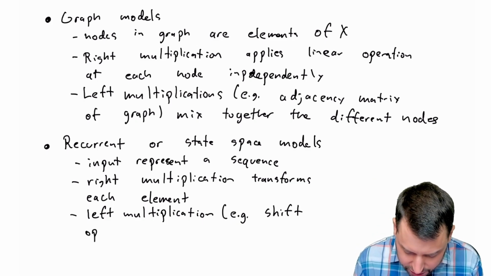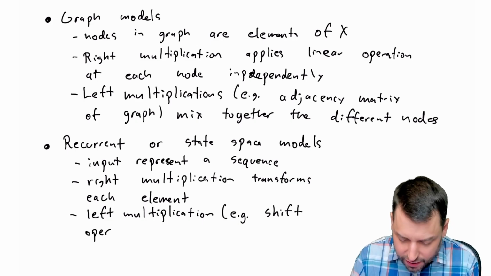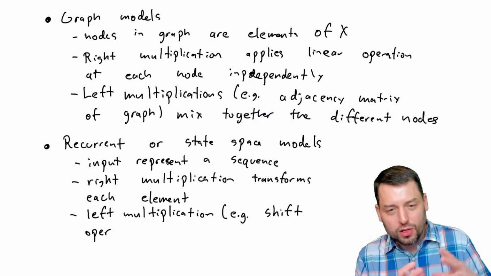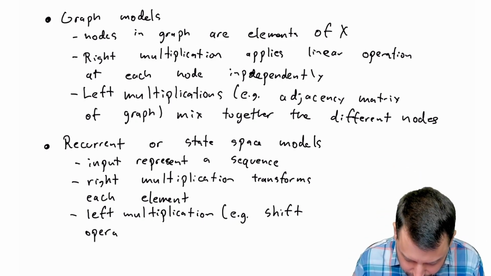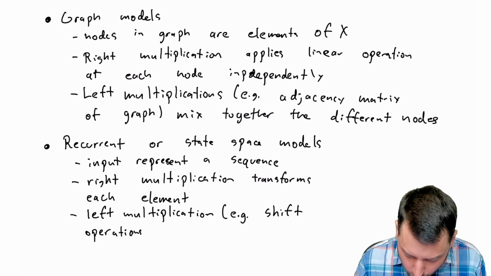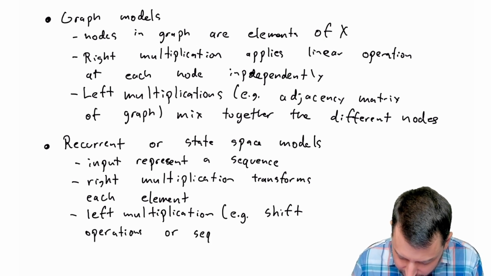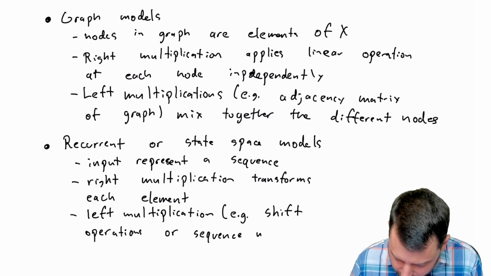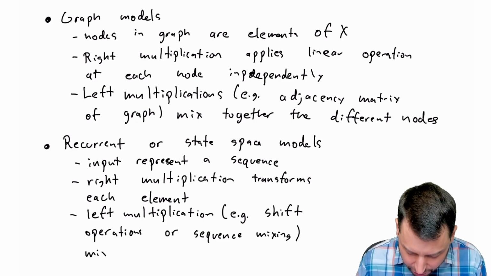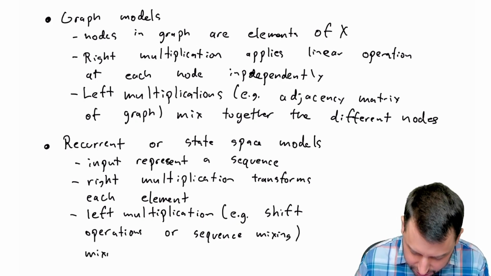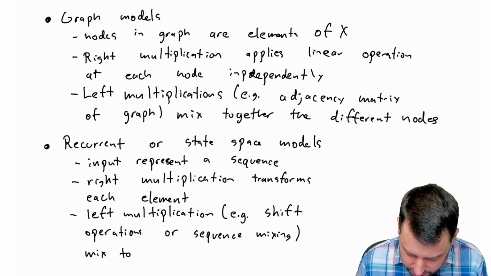And for state space models, these are large matrices that mix together multiple past elements in the sequence, or sequence mixing. These really mix together different elements in the sequence.